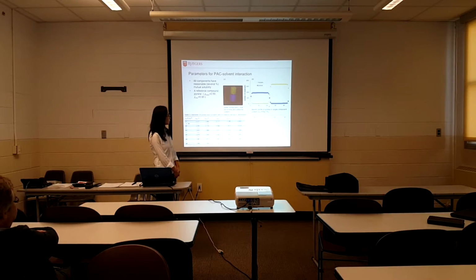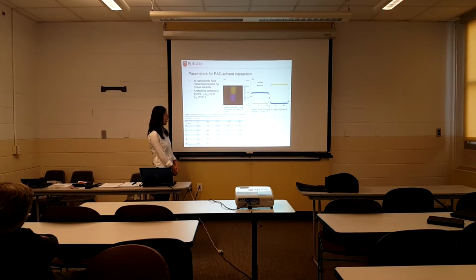So to figure out the interactions between them, we started a few simulations that have increasing repulsion parameters from 57 to 68, and each simulation is started with an initial configuration where half of the box is filled with pyrene and the other half is filled with solvents. The corresponding densities and solubilities for each component can be obtained from the density profile.